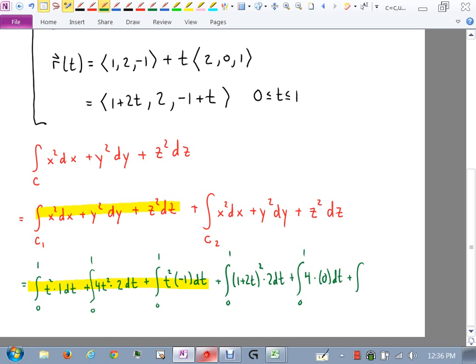And then plus integral 0 to 1 of z squared, which is (-1 + t) squared, times dz, which is 1, so dt. That's what you would have there. So yes, it would zero out. The dy here would zero out this integral and it would be gone. So you wouldn't have to evaluate it.